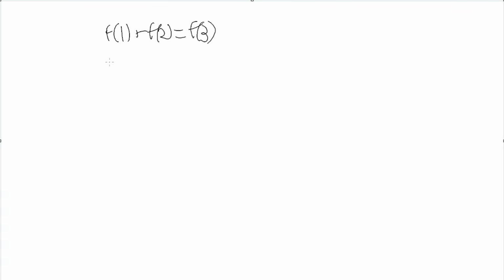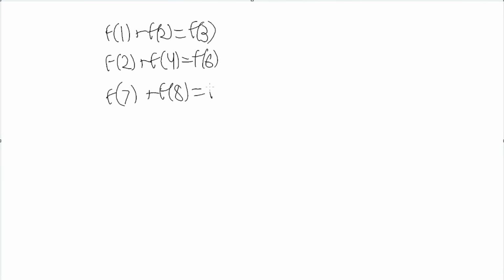And then we could also have info like f of 2 plus f of 4 is equal to f of 6, or f of 7 plus f of 8 equals f of 15. And the equations just keep going on and on and on. So that's basically the main idea behind functional equations and what they are.